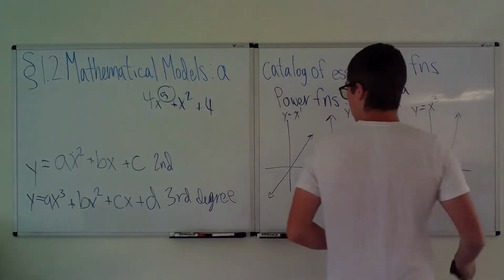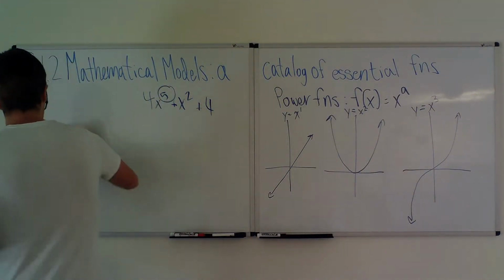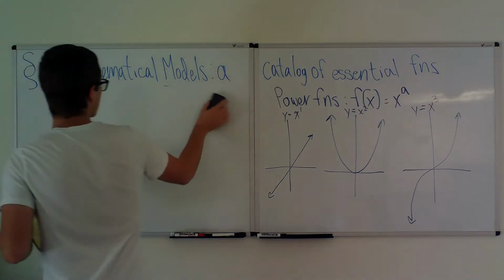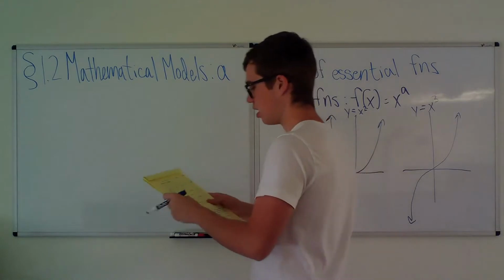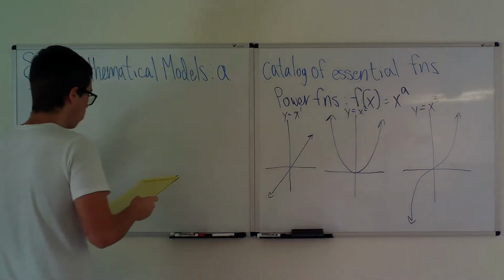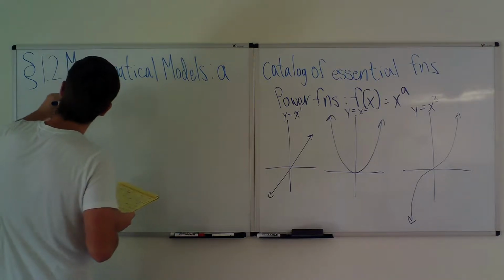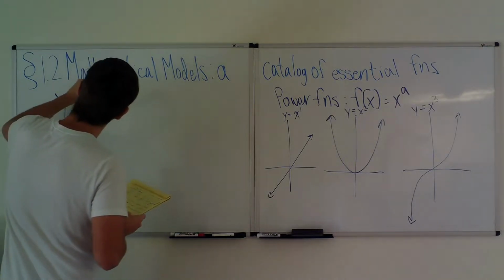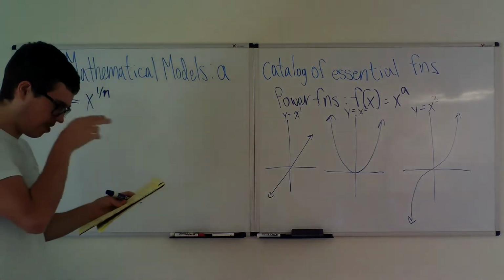Alright, now onto another special case. It's where a equals 1 over n. So you have the form y equals x to the 1 over n. This is called a root function.